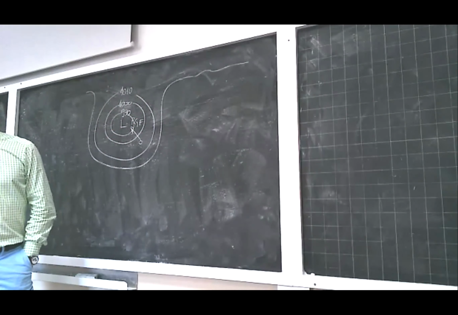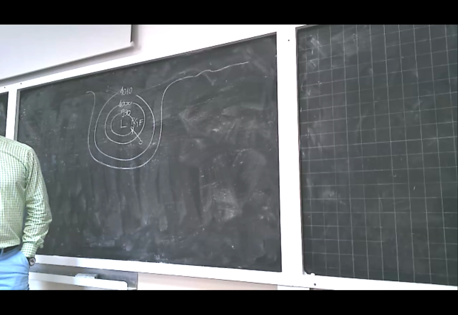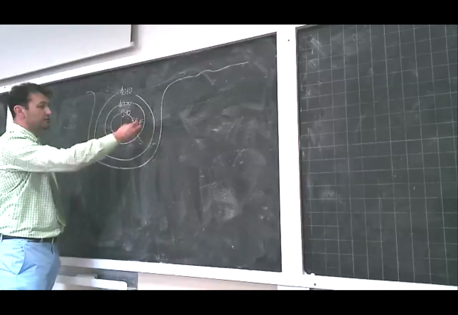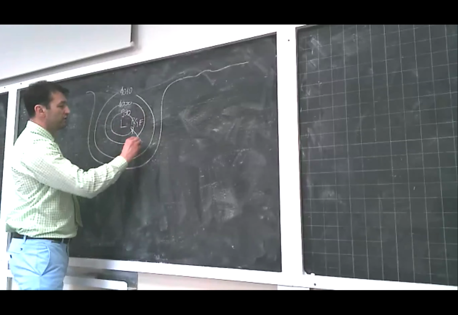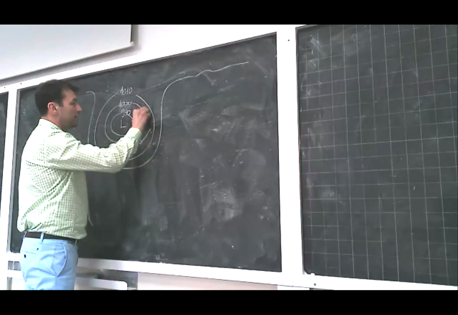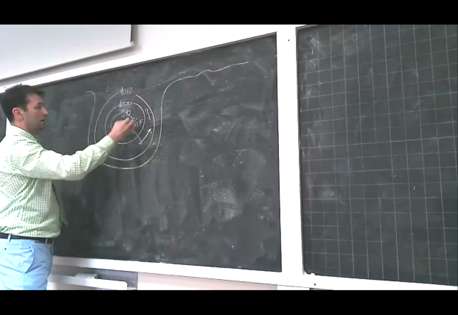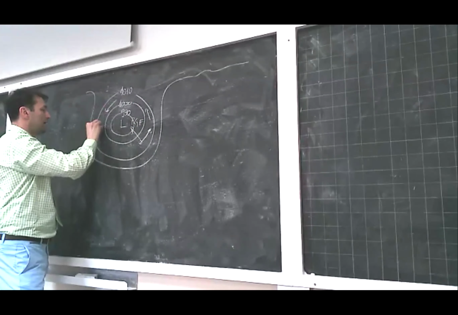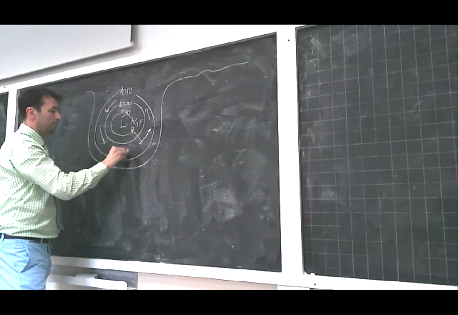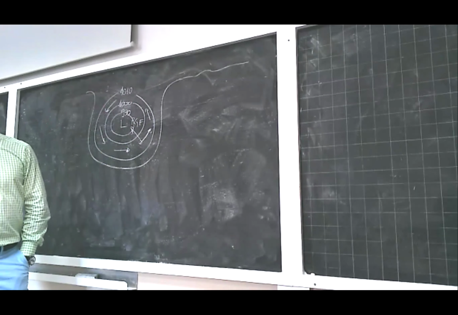But there is another force clearly that will act, and that's the Coriolis force. And Coriolis force will turn this to the right. So eventually you will have wind that is circling around in counterclockwise direction.